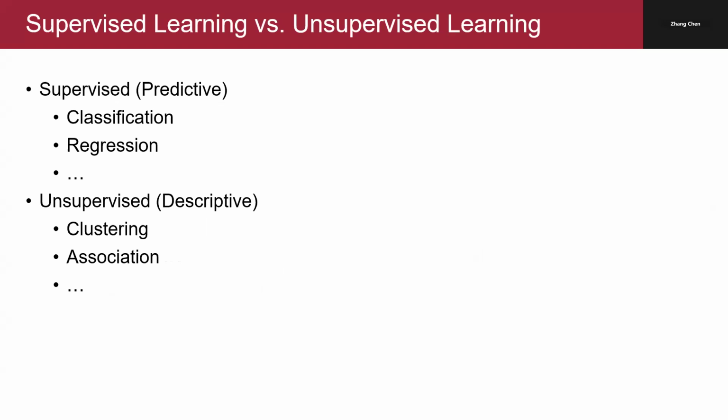So we have the data and the labels, where the correct output is known. So we know exactly, for example, what object is included in a picture. The goal here is to learn a mapping from the input to output. Common tasks include classification, such as spam detection, and regression, such as price prediction.